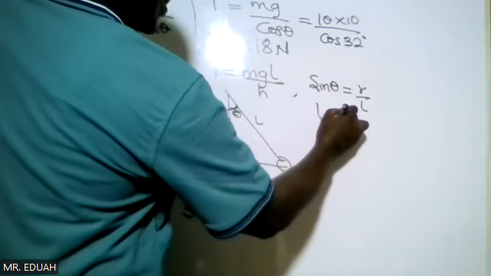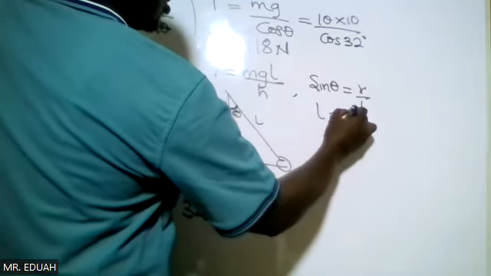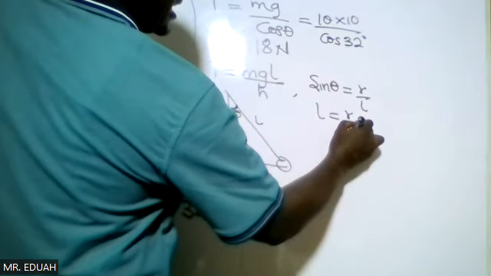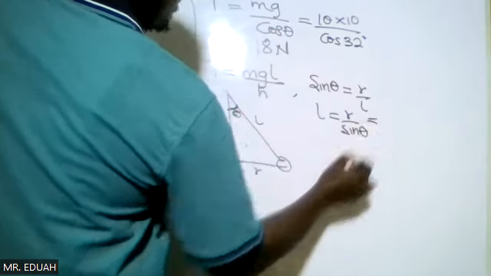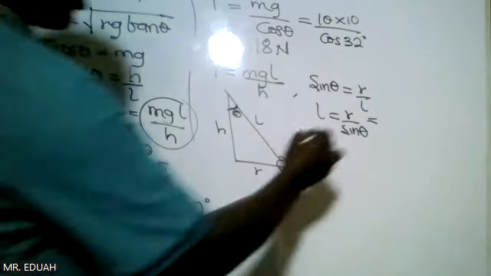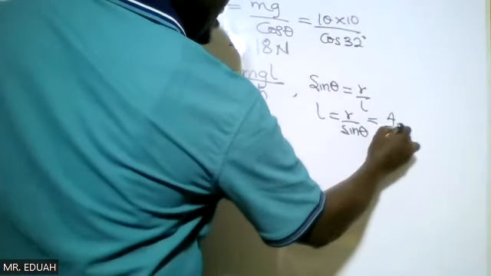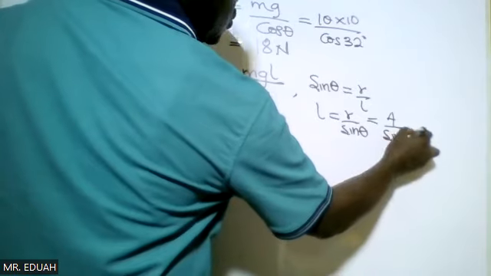So the length of the string L is equal to R on sine theta. So this is equal to 4 over sine of 32.